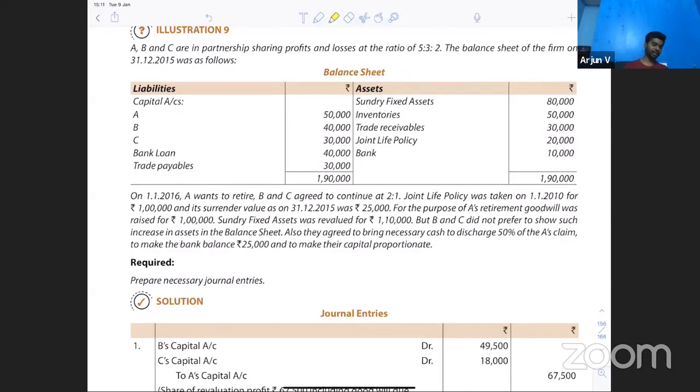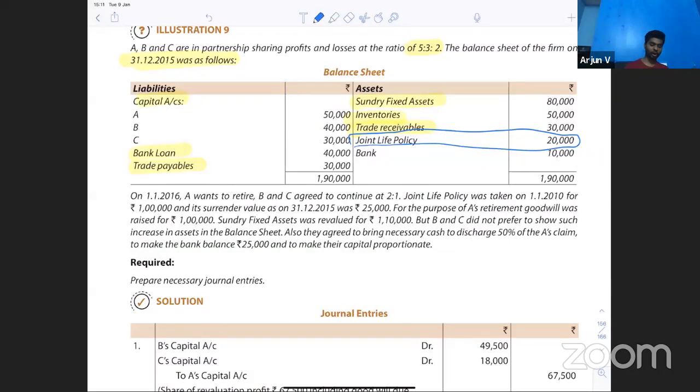ABC are in partnership, sharing profits and losses equally. The balance sheet of the firm as on 31/3/2015 was as follows. Capital accounts are there, pretty straightforward. Trade payables, sundry liabilities. First time we have something called a joint life policy, correct?